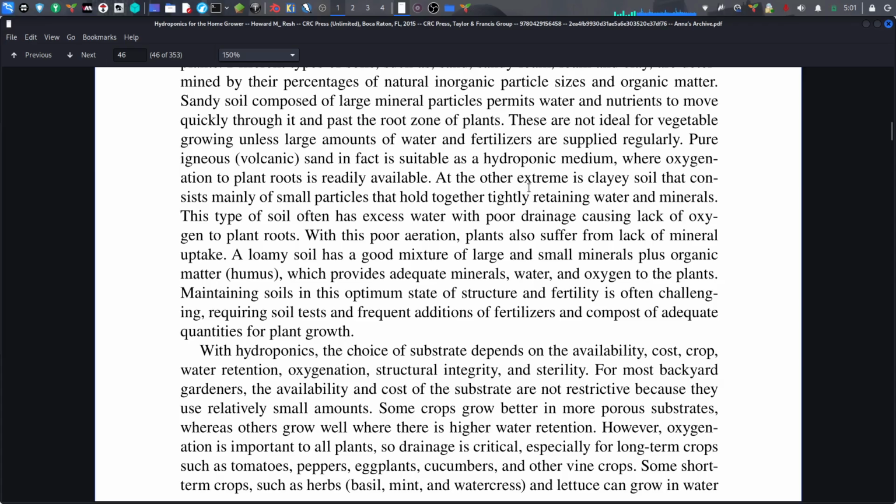This type of soil often has excess water with poor drainage, causing lack of oxygen to plant roots. With this poor aeration, plants also suffer from lack of mineral uptake.